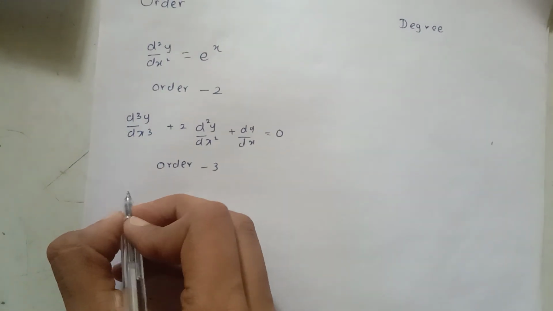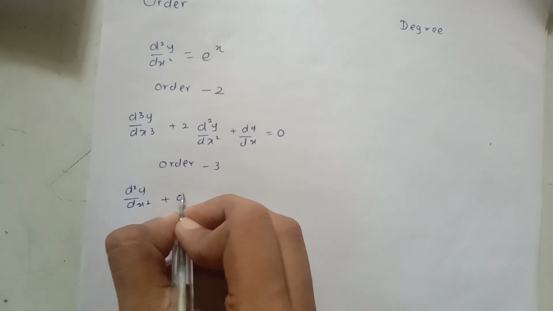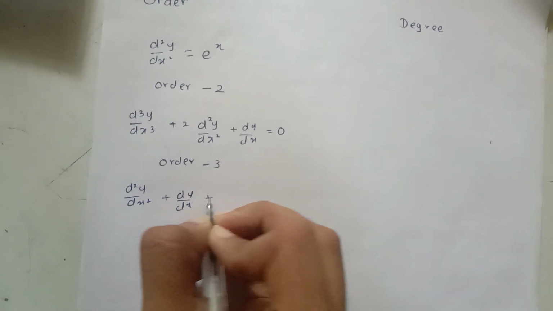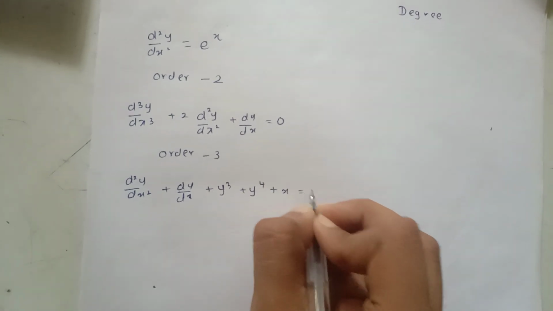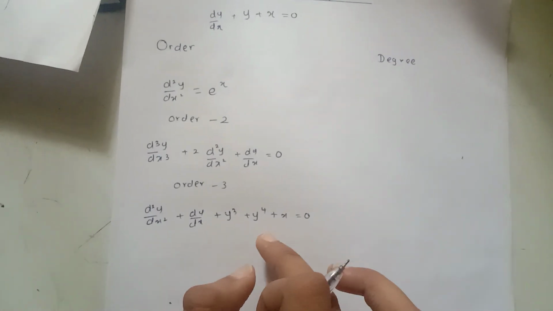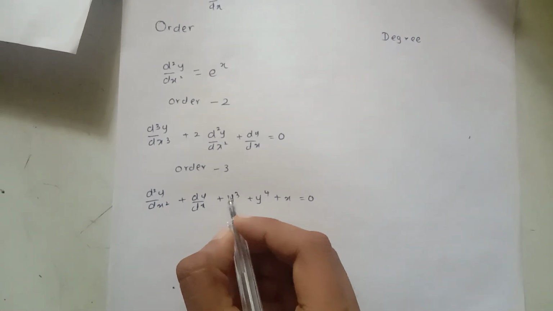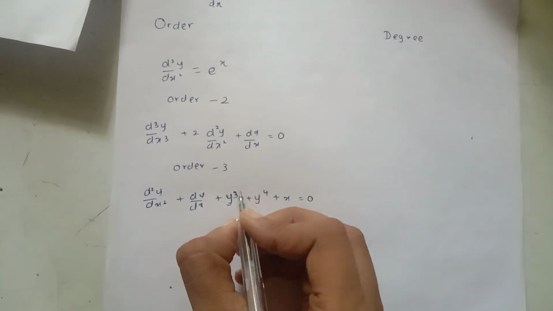Let's take another example. d square y over dx square plus dy over dx plus y cube, y to the fourth power, plus x is equal to 0. There are derivative terms and also normal terms, like y cube.